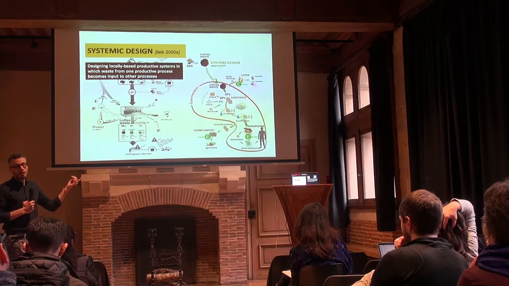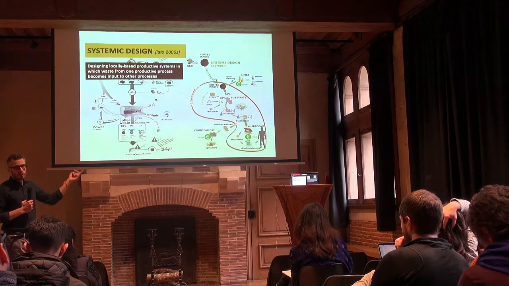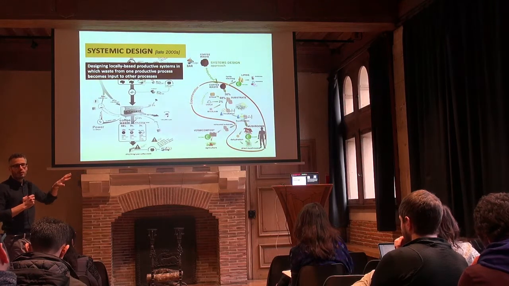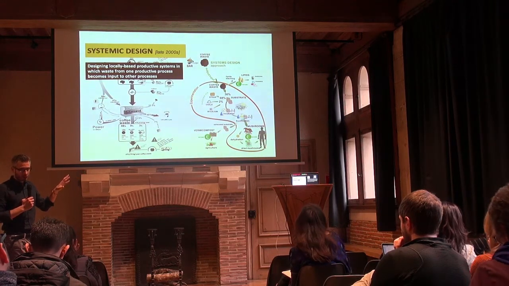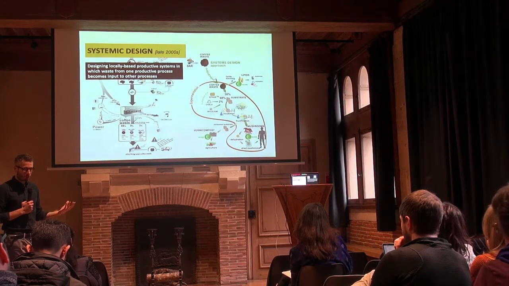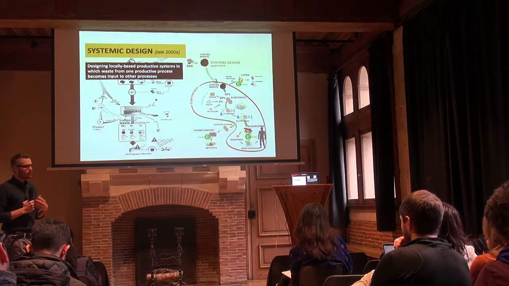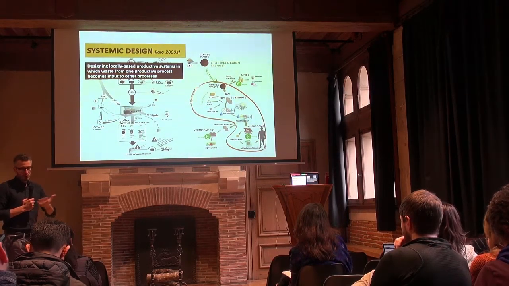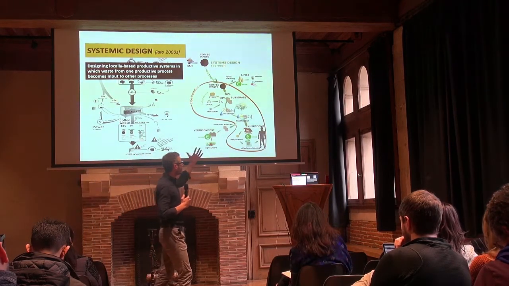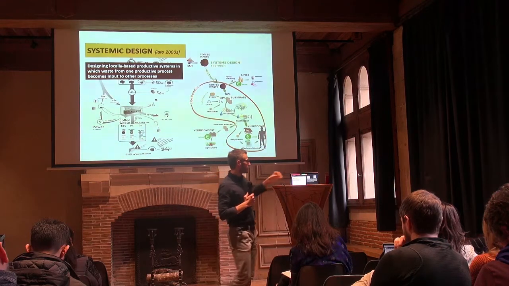What's interesting here, linking to what Alex said before, is that they also focus on looking not only at the flows of materials and resources, but also at the cultural and social available resources and at the local knowledge and skills. So they combine also this human layer into the design of these new local productive systems.